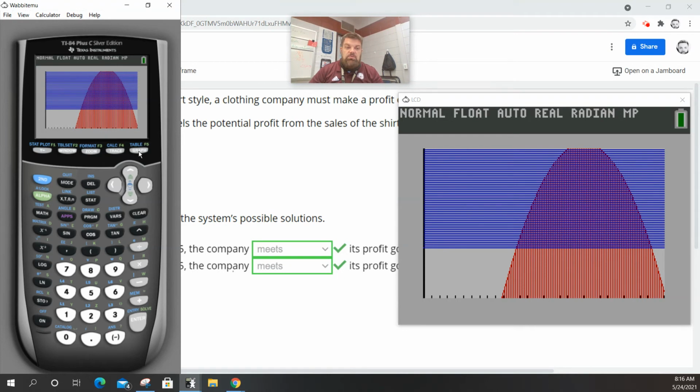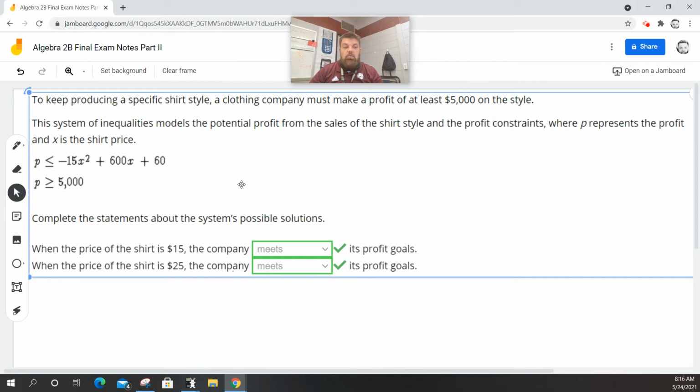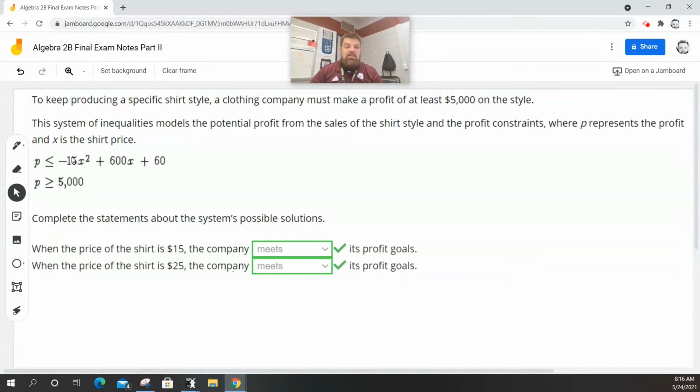So if I go to trace and I plug in 15, is that above $5,000? Yes. Now, if I plug in 25, is that above $5,000? Yes. It's right on the border. And so then the question is, will that meet it? Well, yeah, it'll meet it because we have an inclusion here. We have an equal sign and we have an equal sign. So it could be literally on the boundary.